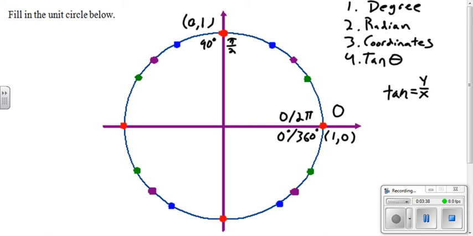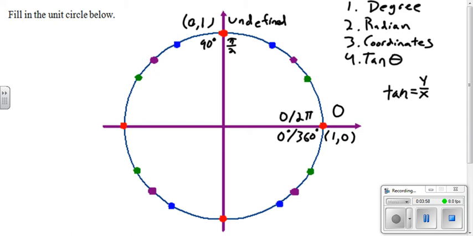Now the tangent, remember, is y over x, so the tangent is going to be 1 over 0. But remember, anything divided by 0, it's not a real thing. You can't divide by 0. So the tangent is undefined.